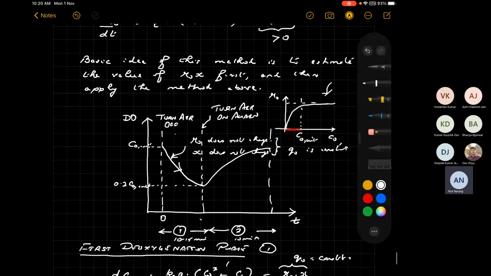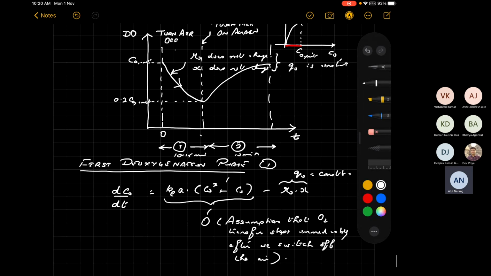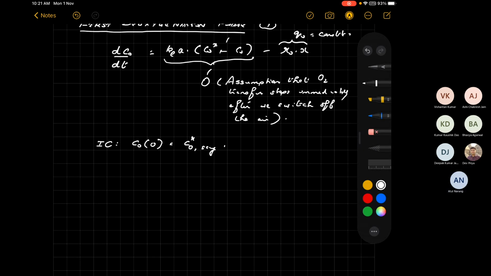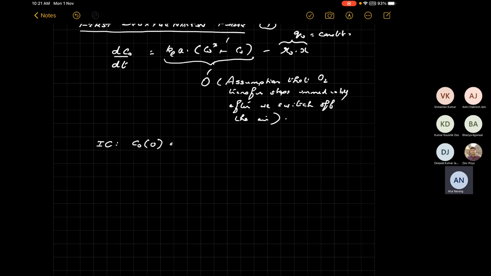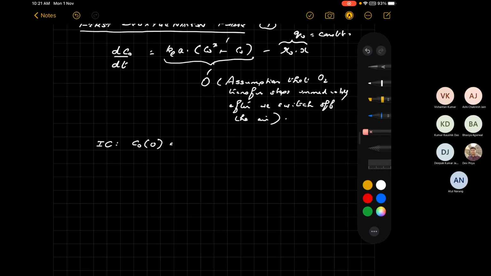This entire thing is performed with a reactor that is running. So the right notation to use is whatever the prevailing steady state value is, CO tilde. This is the prevailing steady state dissolved oxygen concentration in the reactor.